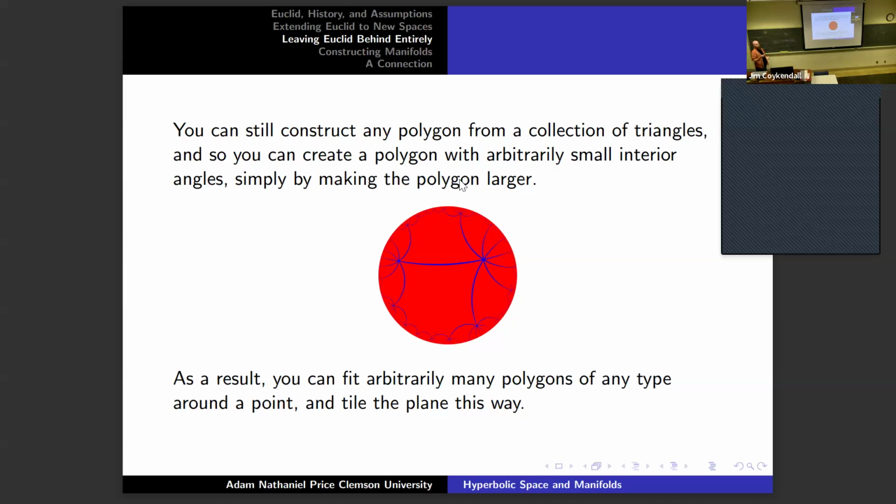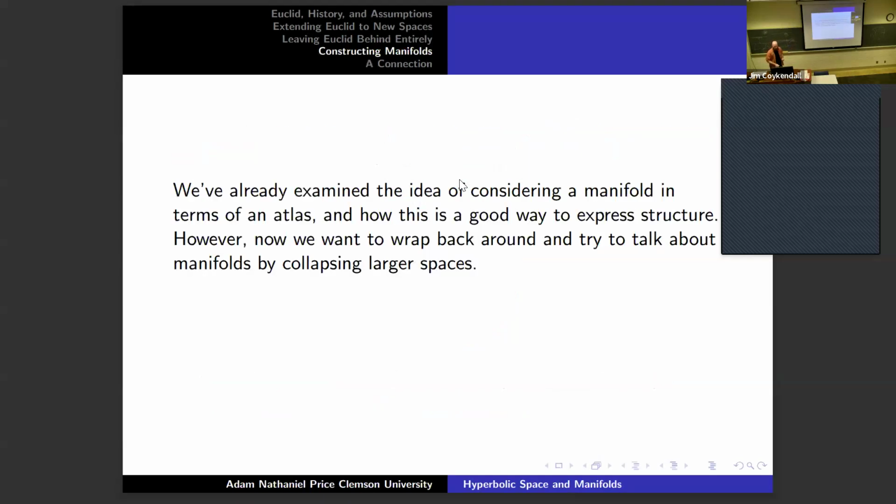In fact, it has to have at least one corner that is less than a right angle. You can also have a pentagon with right angle corners. Really weird. You can fit arbitrarily many polygons around a point, and since you can do that at any point, and these are regular polygons, you can take any uniform polygon and tile the plane with it.